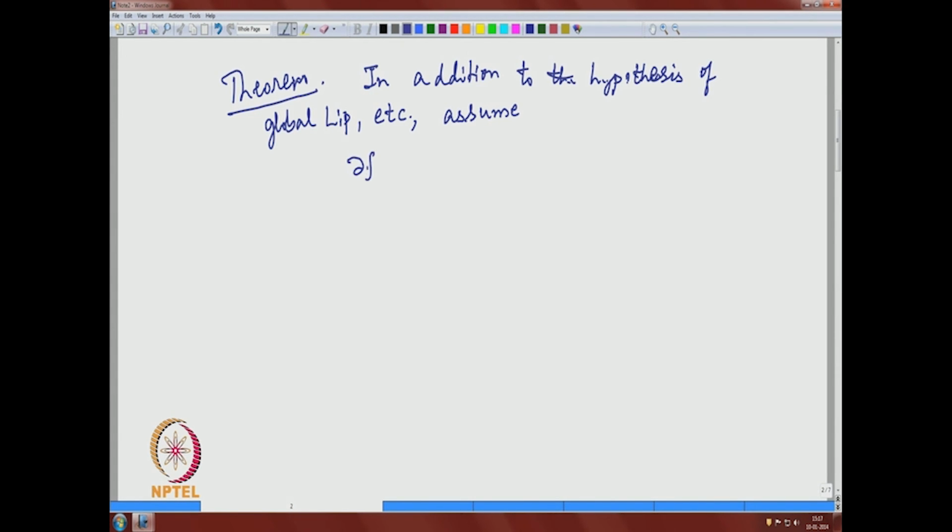So, remember f(t, u1, u2), that is the right hand function. Okay. So, del f by del u1 and del f by del u2 bounded. Okay.